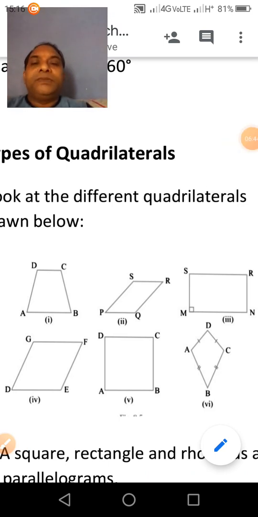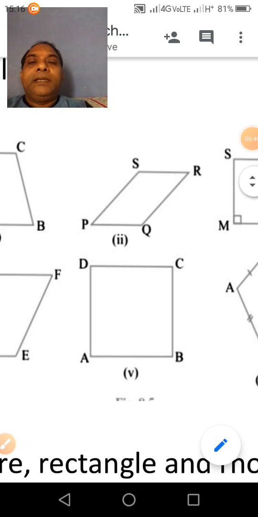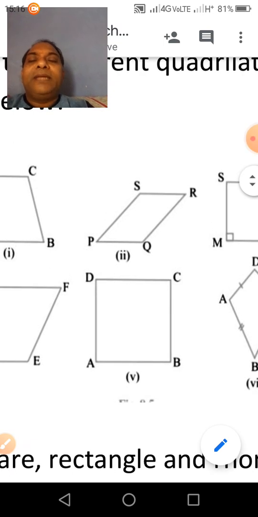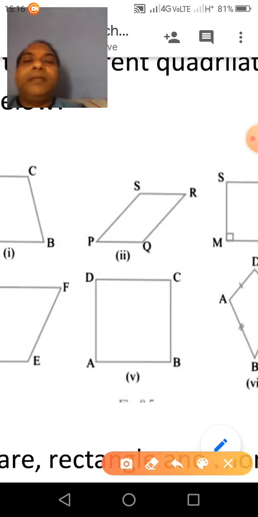Now, the second figure is the example of a parallelogram. In case of parallelogram, a pair of opposite sides are equal and parallel.